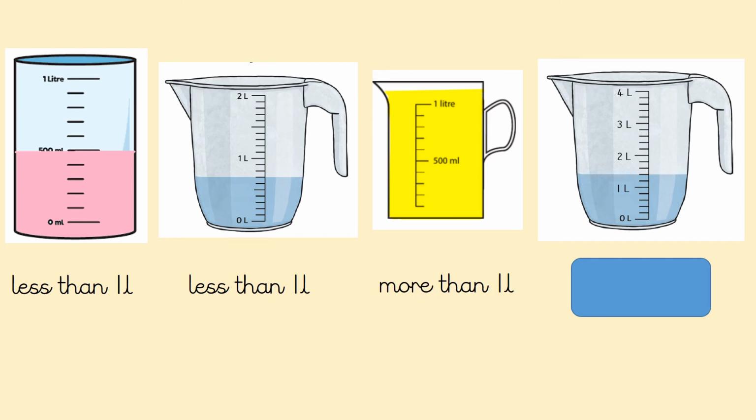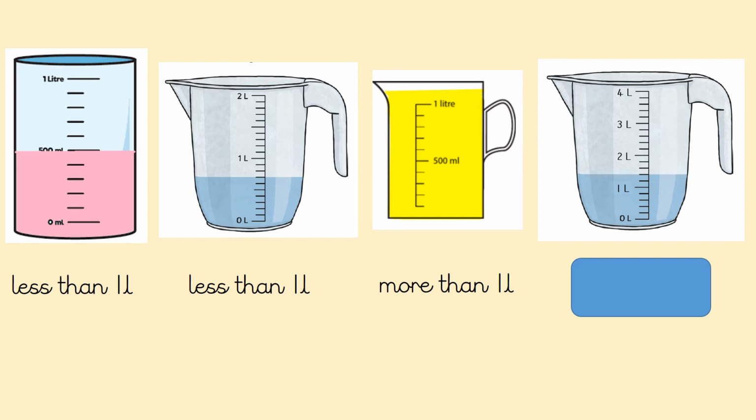And finally, this last jug. We've seen this jug already. The second one. They look similar, but look, the markings are different. The top marking on this jug, the capacity of this jug, is 4 litres. We need to figure out if it's more or less than 1 litre.